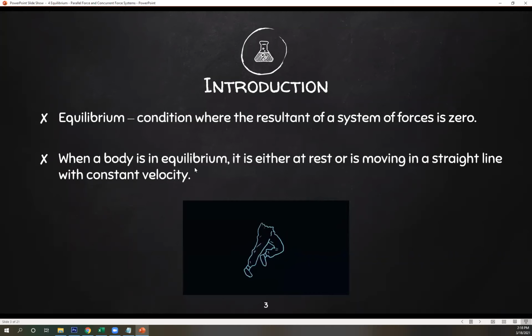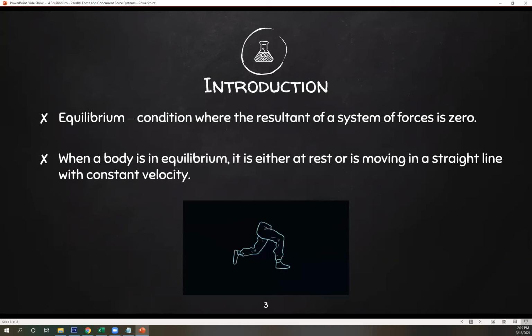So when a body is in equilibrium, it is either at rest or is moving in a straight line with constant velocity. Straight line here is important because even though, for example, you're moving in a circular path and you're maintaining your speed, since it's a circular path, the direction changes. So there's still a change in velocity. So in essence, your object is not in equilibrium.